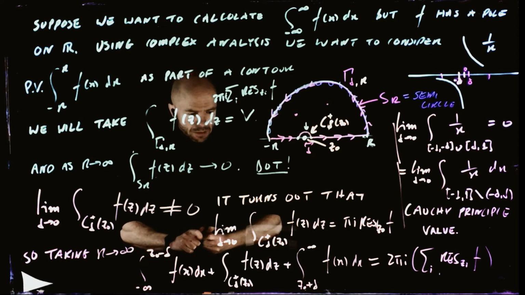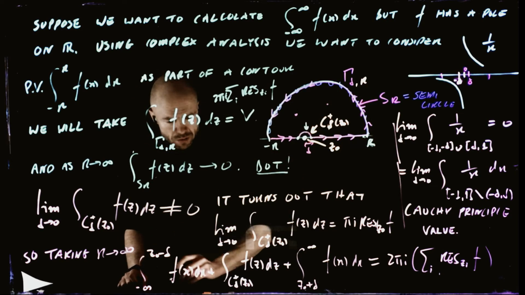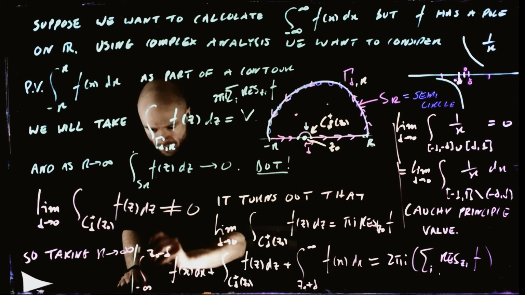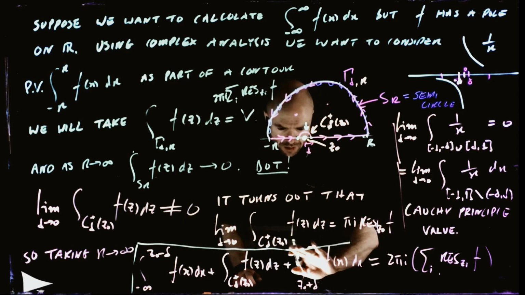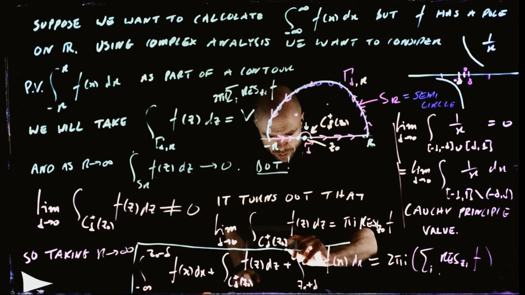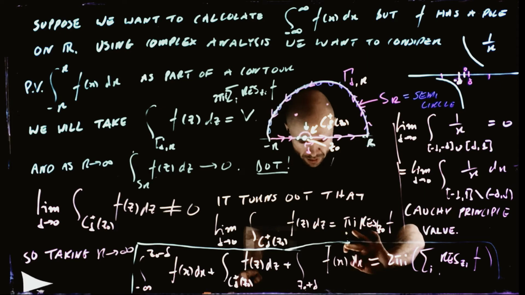That is just because we know that the upper semicircle will vanish. And the game would be lost unless this thing that has to be included in our expression was calculatable. But it is calculatable, as we'll see, and it's not particularly hard.